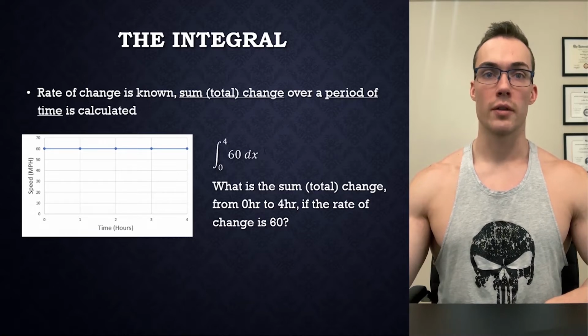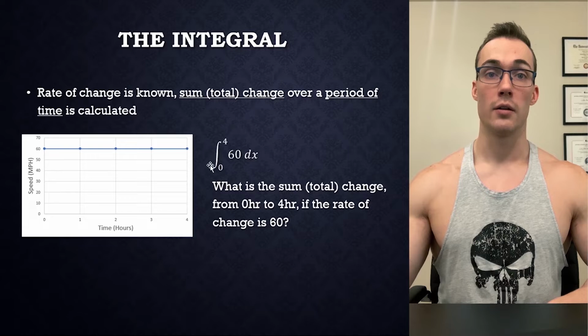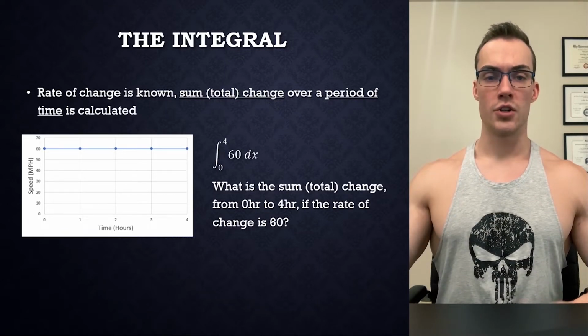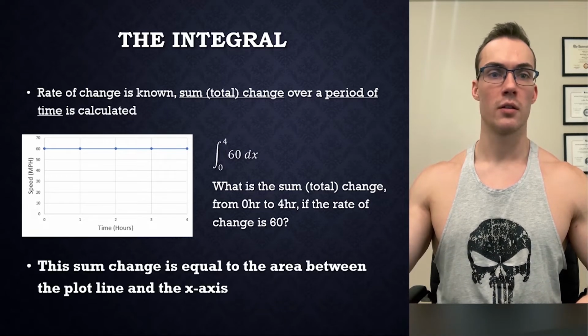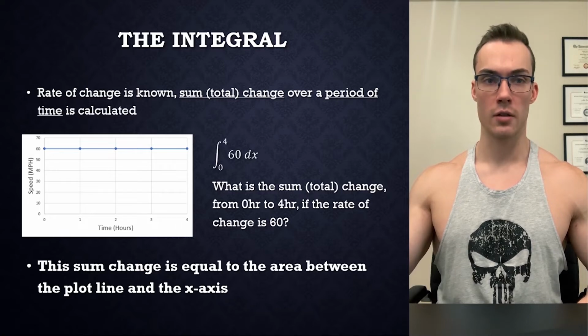What this would look like with calculus notation is this little equation right here, and this fancy little squiggle is literally just an S. In English, this equation would read, what is the sum or total change from 0 hours to 4 hours if the rate of change is 60? The genius solution to this and any related problem is that the sum change is equal to the area between the plot line and the curve.